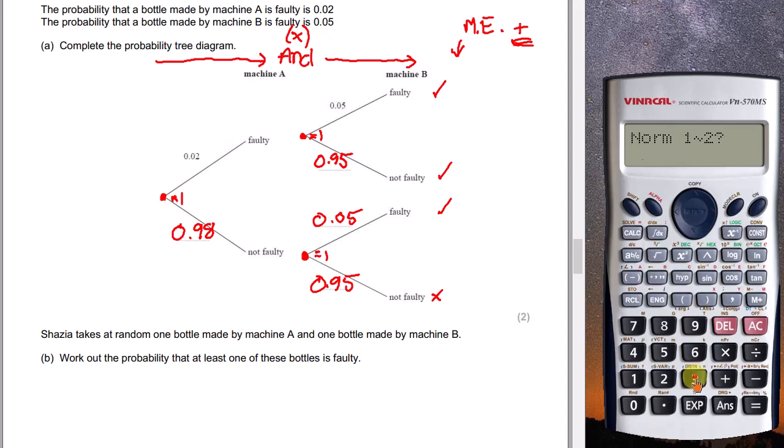Norm. I want norm 1. Okay, let's try again. It might be on norm 2. There we go. 0.001.